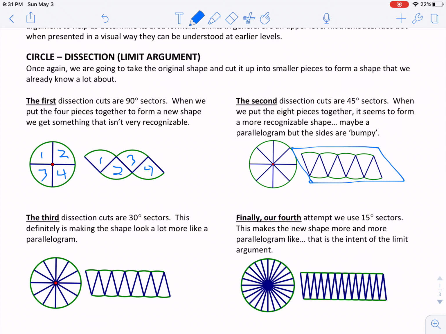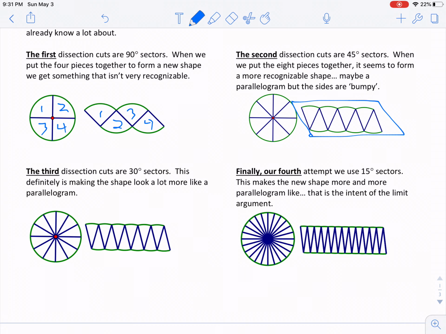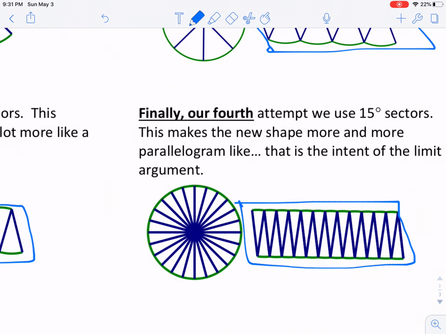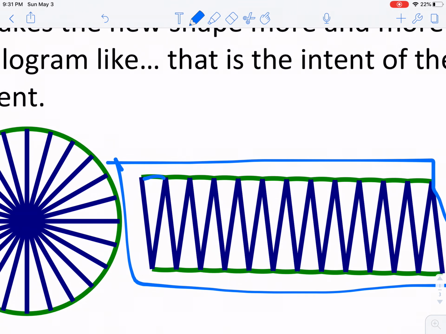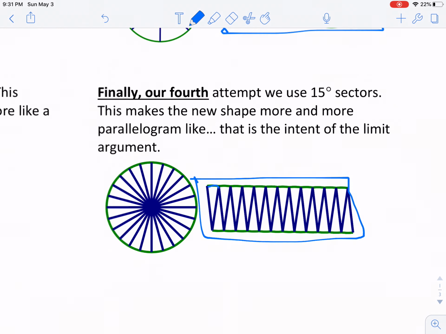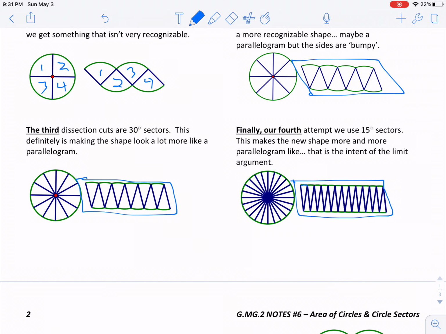Then they keep breaking it down farther than that. So they keep getting more sectors. And as you notice, each one gets closer and closer to a parallelogram. Now, notice, even this one that's close, if we zoom in really far, it's still curved. It's not flat. No matter how many pieces we break it down to, if we zoom in close enough, it's always going to be curved.